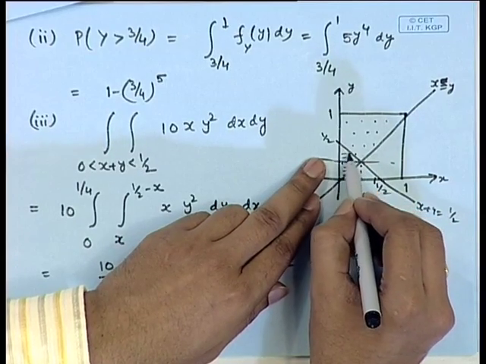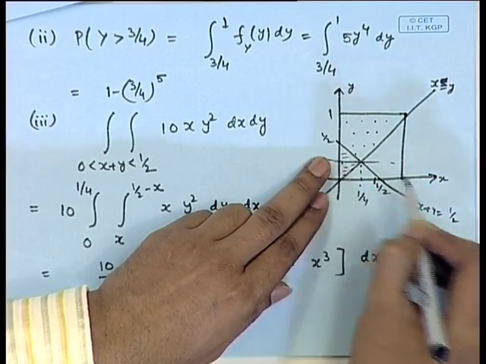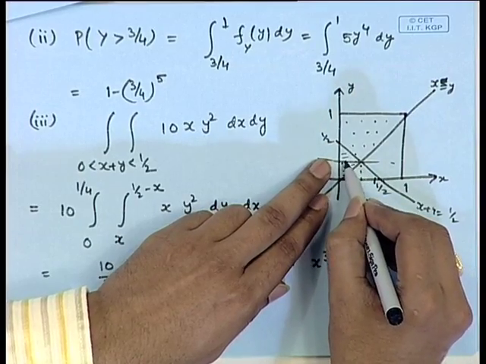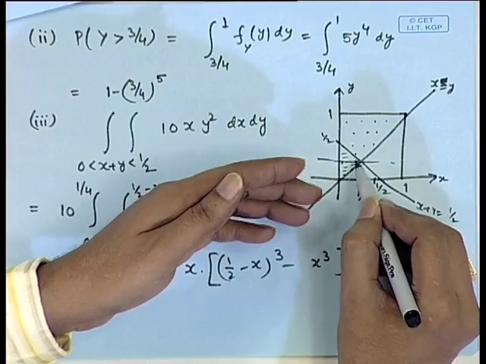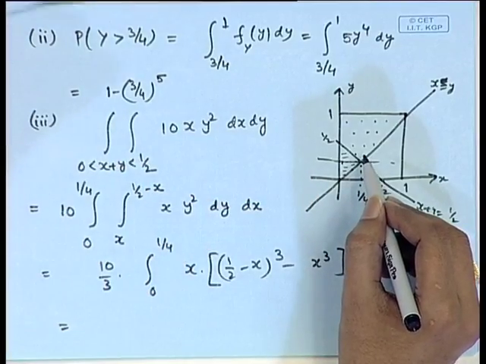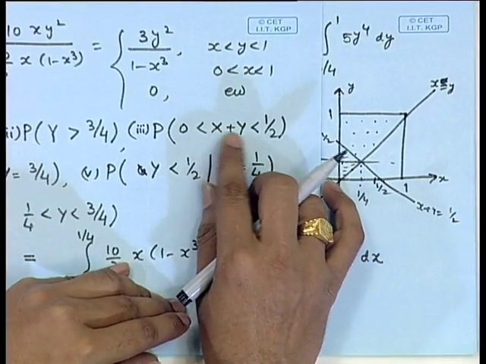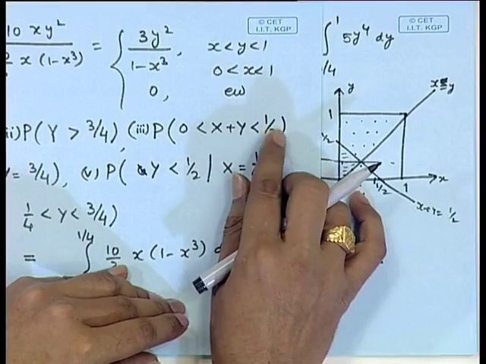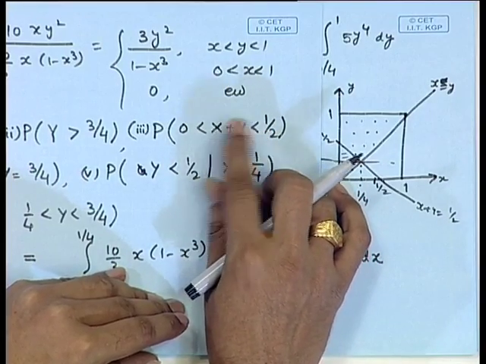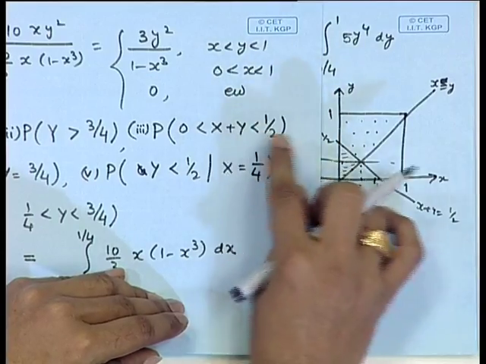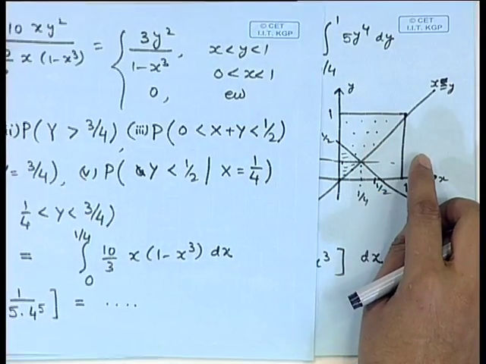In this portion x is from 0 to half minus y and y is from 1 by 4 to half. If we do not see carefully this region, then we might have integrated from, say, 0 to half minus y for x and then for y between 0 to 1 etcetera. So, that would have been a wrong region here.